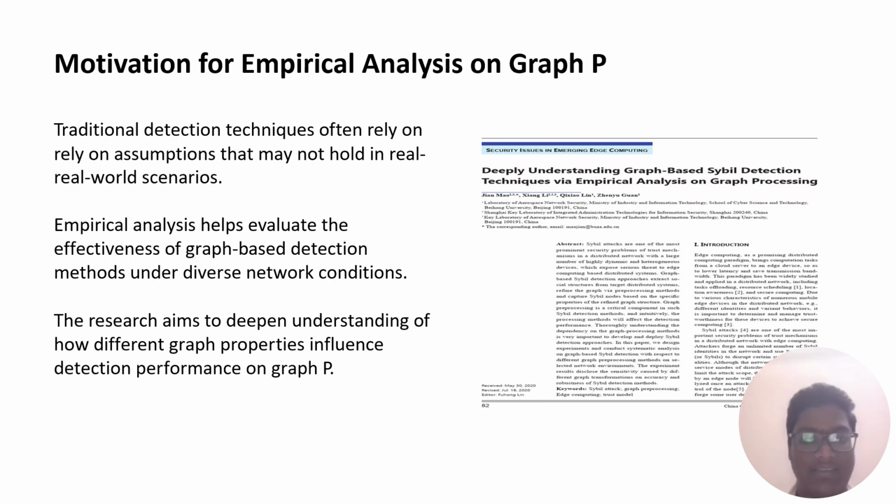Empirical analysis helps evaluate the effectiveness of graph-based detection methods under diverse network conditions. The research aims to deepen understanding of how different graph properties influence detection performance on graph P. This is the motivation for empirical analysis on graph P.